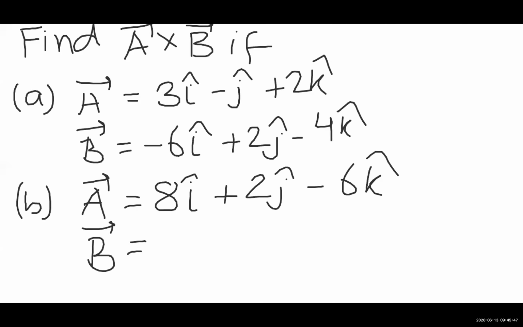B is equal to minus 4 i cap minus j cap plus 3 k cap. Take your time and tell me the value of A cross B.